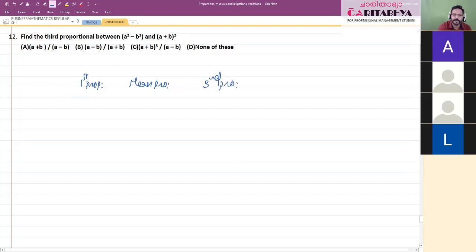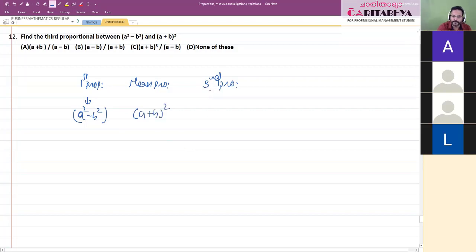So a square minus b square എന്താണ്? ഫസ്റ്റ് പ്രൊപ്പോർഷണൽ ആണോ, മീൻ പ്രൊപ്പോർഷണൽ ആണോ, തേർഡ് പ്രൊപ്പോർഷണൽ ആണോ? First proportional. a square minus b square is the first proportional, then a plus b the whole square is the mean proportional.